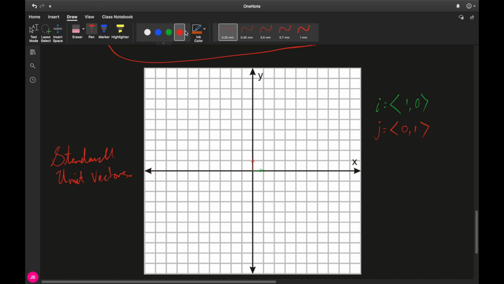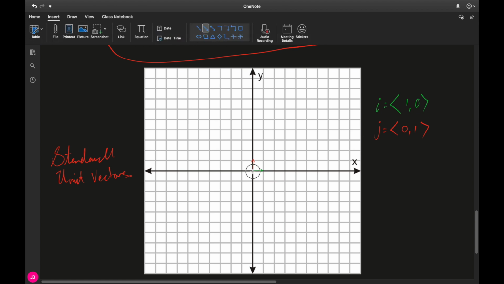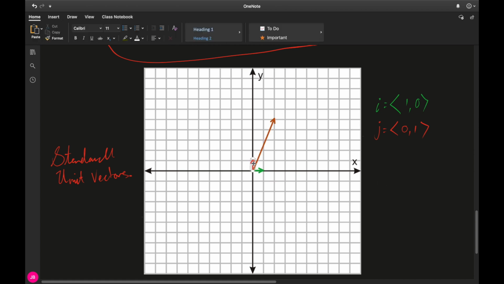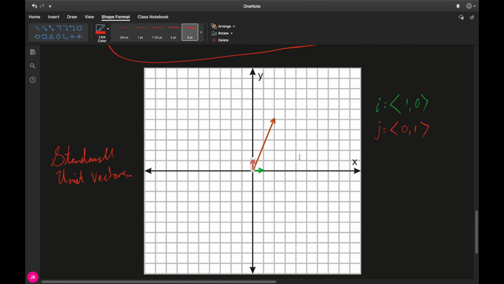For example, let's say that we have this vector right here. The question is, how many j's, how many i's does it take to make up this vector? And you could very easily just say, well, look at this. If I go up 1, 2, 3, 4, and 1, 2, then I could end up at this vector.